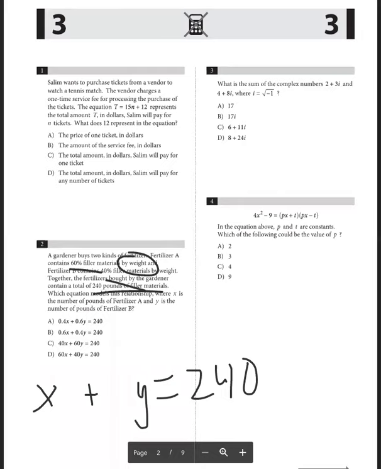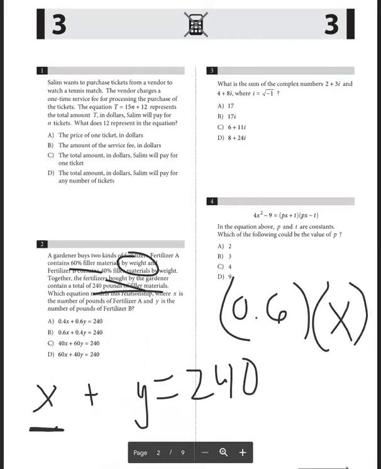So don't get confused and put 60. The weight of fertilizer A, which is X, is multiplied by 60% to get the filler materials. So you'd have to do 0.6 times X to figure out what the filler materials are, because it's 60% of the weight that's here, and that's how you would do it.